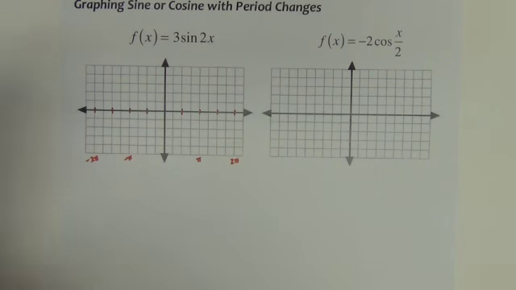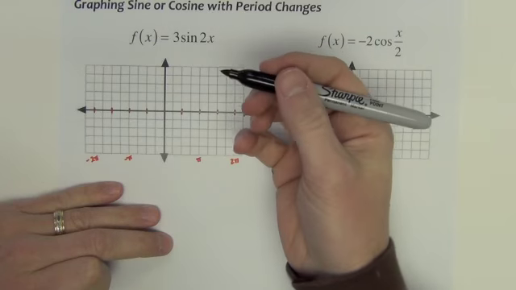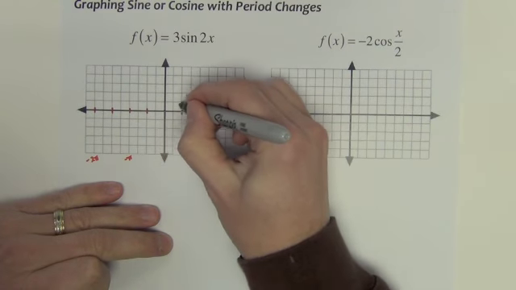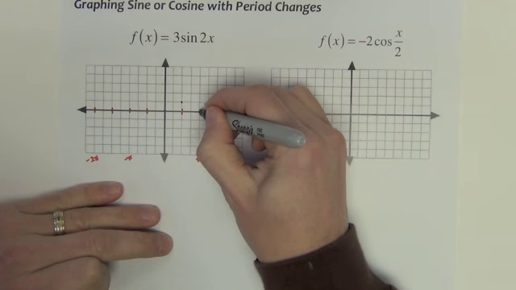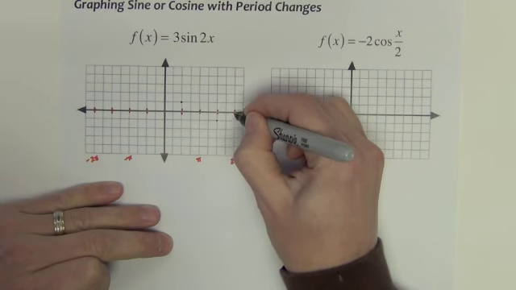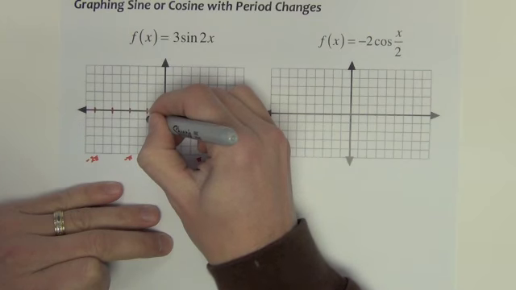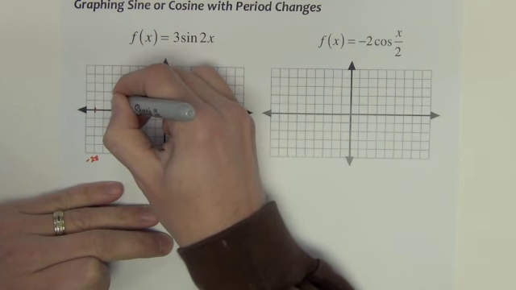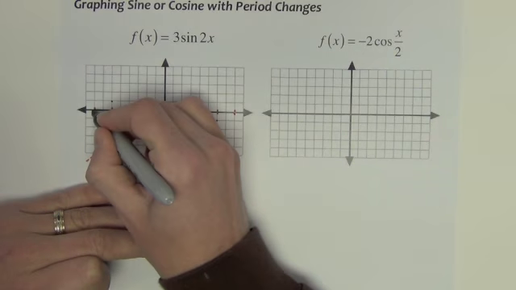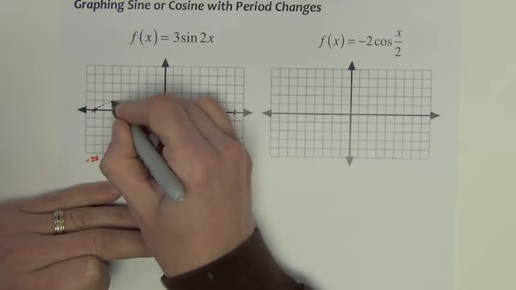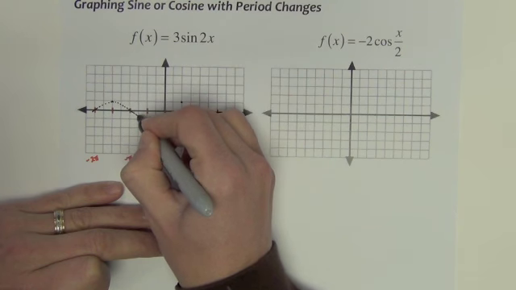Okay, and because I want to see a visual comparison, I'm going to put your basic sine graph in there. Sine graph starts at the origin, goes up 1, back to 0, down 1, back to 0. We'll just go ahead and get it this way too. So here's our sine graph.